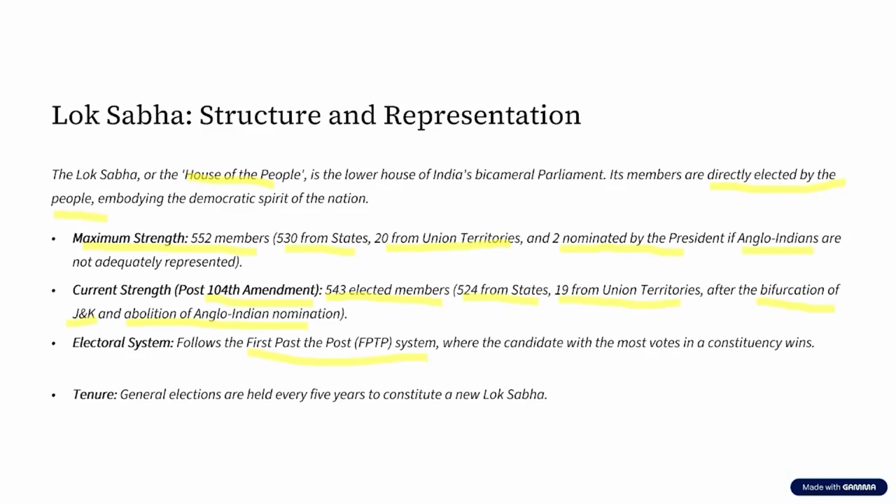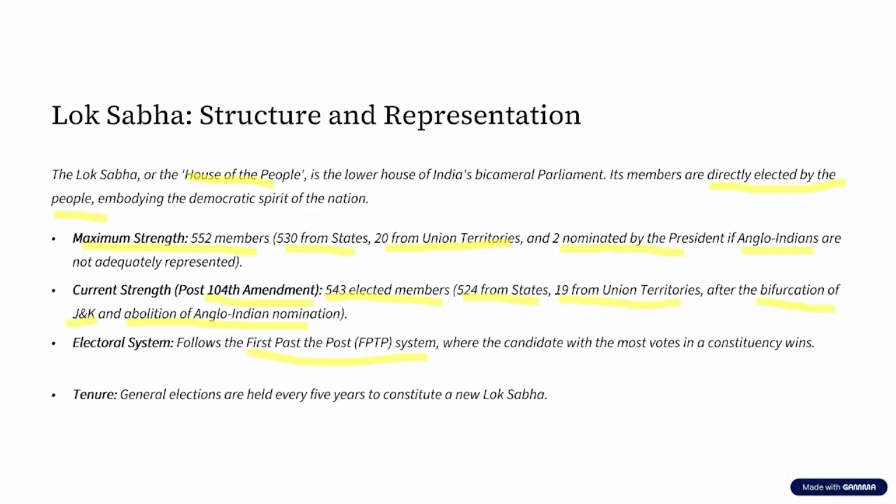For example, out of these 10 candidates in this example, if person A gets 20,000, person B gets 15,000, person C gets 10,000, person D gets 5,000, and the rest of the people get some 2,000 or 3,000 or 4,000. Even in that case, and let us assume NOTA is getting more than 20,000 also.